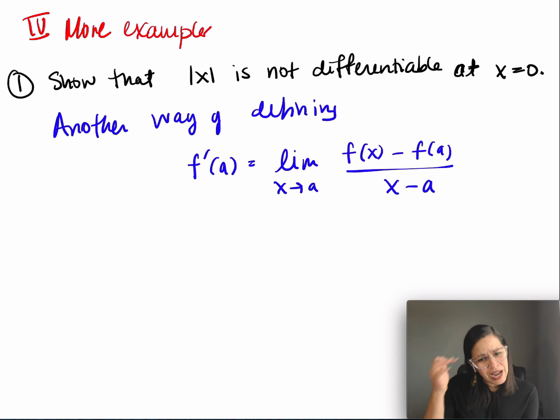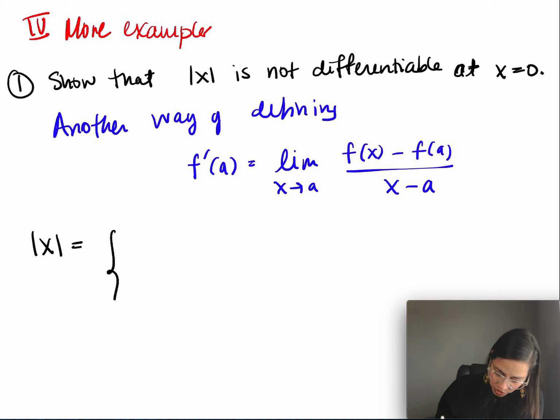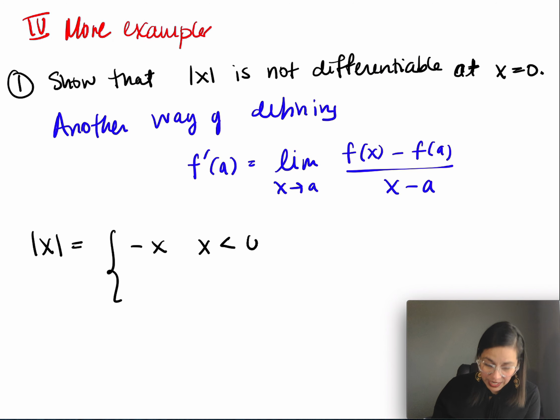But before I do it, I have to go back and think of what the definition of the absolute value is. And I know that the absolute value of x is equal to, well, the opposite of x if x happens to be negative, and then x if x is greater than or equal to 0, okay?